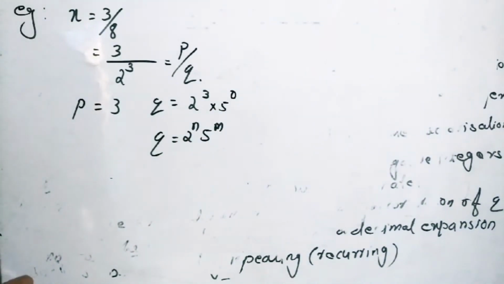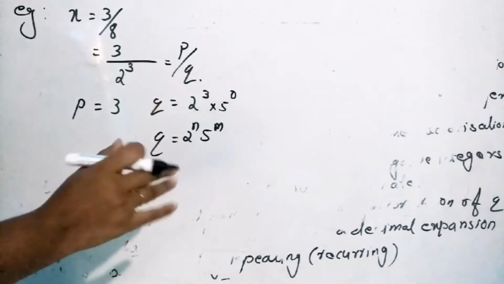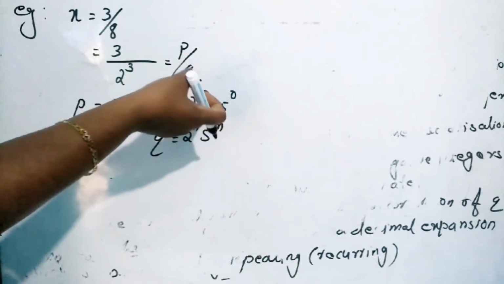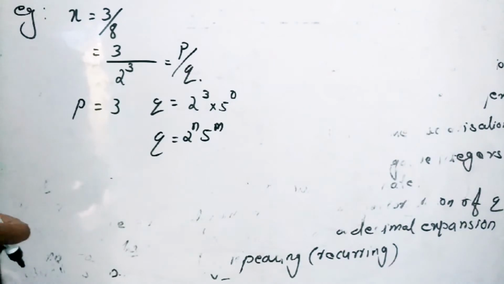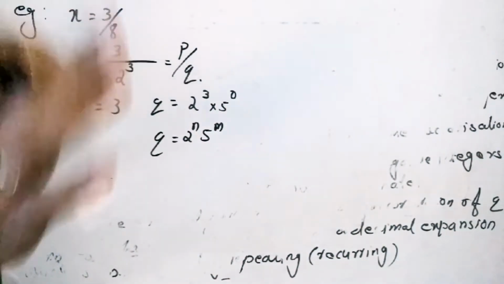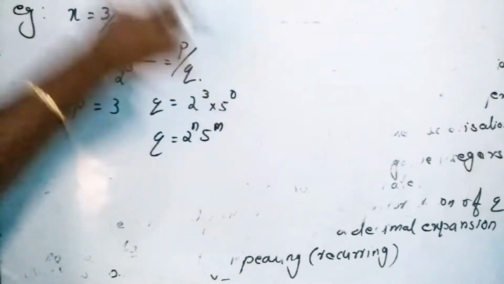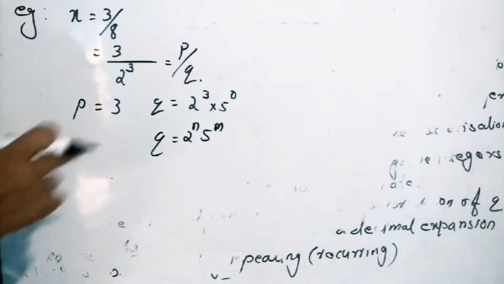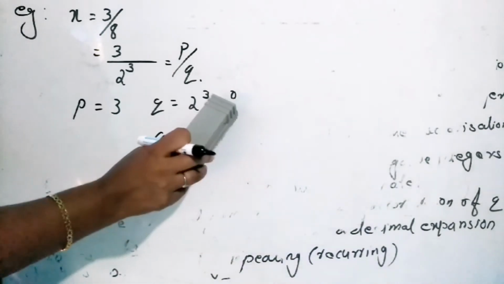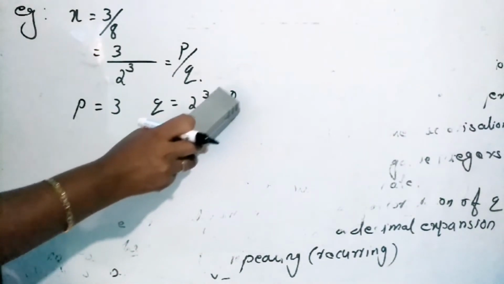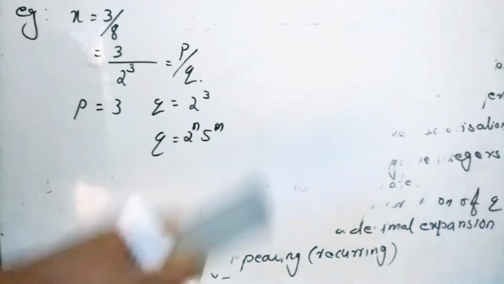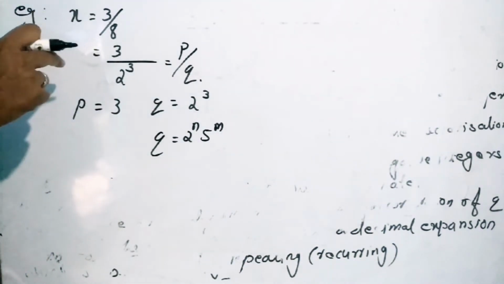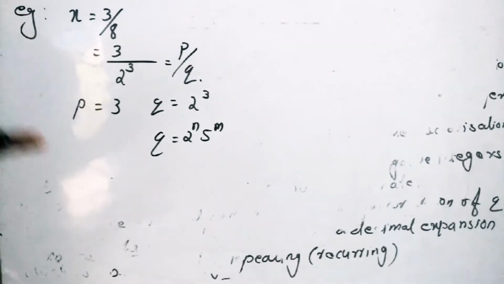No problem. 5 raised to 0 is 1. Other than this 2 and 5, we don't have any prime factor for this q. So just check, is there any prime factor other than this 2 and 5 for your q? Here, other than this 2 and 5, there is no prime factor in the prime factorization of q. So we can say that the decimal expansion corresponding to this x terminates.